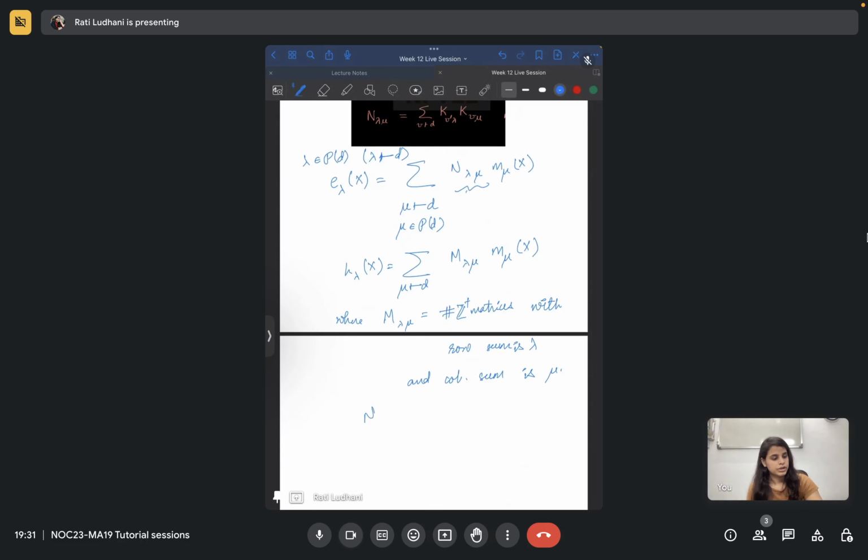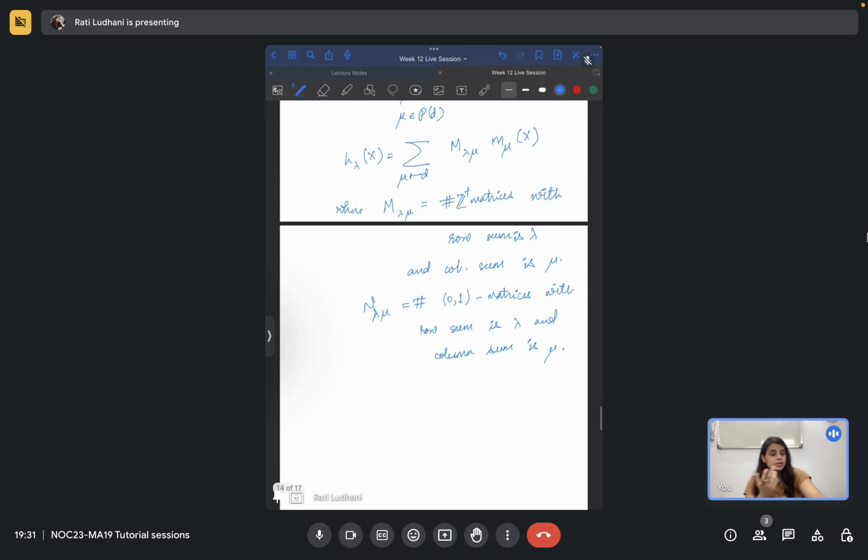Exactly. So n lambda mu is the number of 0-1 matrices with row sum lambda and column sum mu. Let's try to do that.